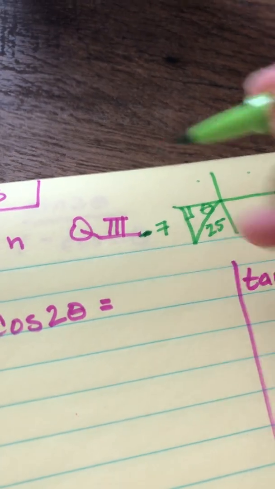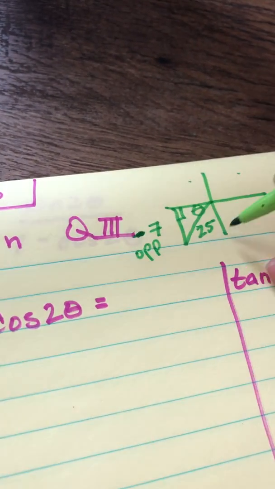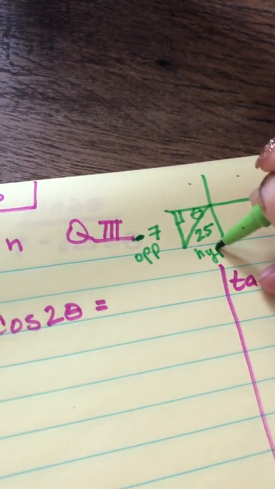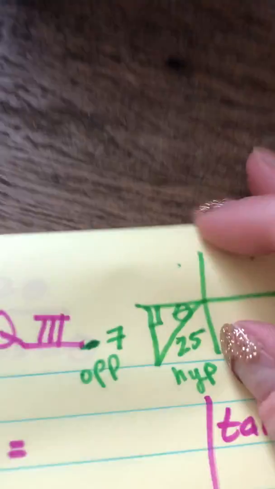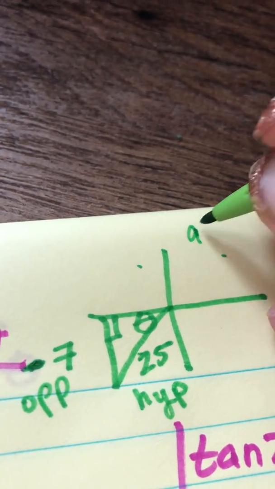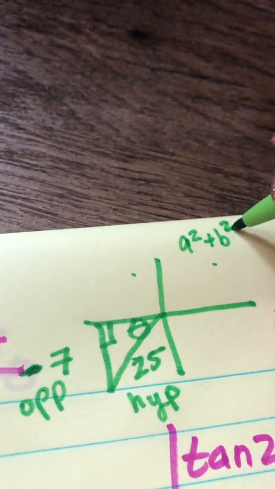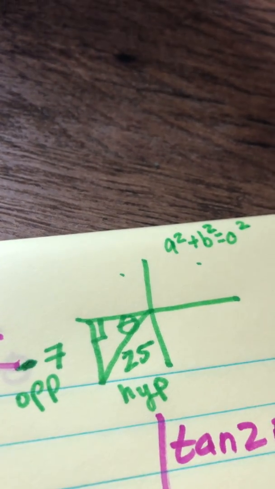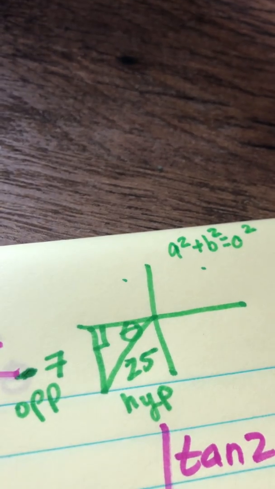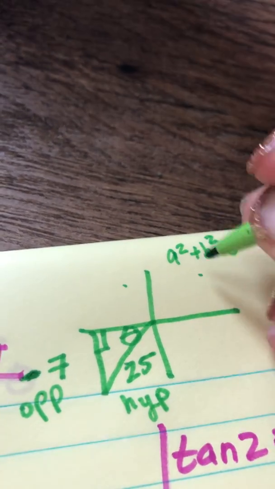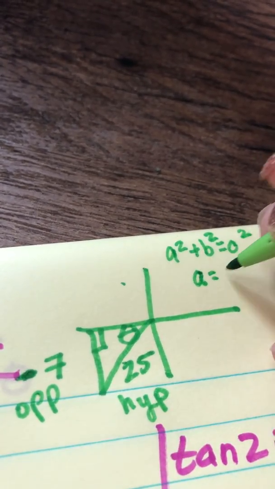Okay, now this is opposite, and this is hypotenuse. And remember, the whole point was we were trying to find cosine. So to find cosine, we have to find the adjacent. So we have to do a squared plus b squared equals c squared. And when we do all that math, we get a equals 24.